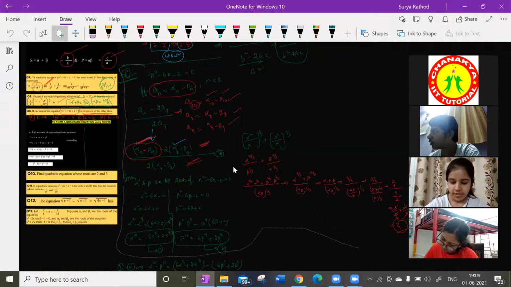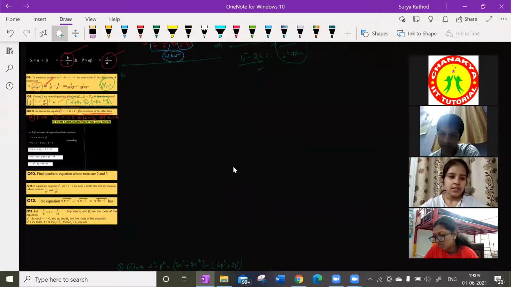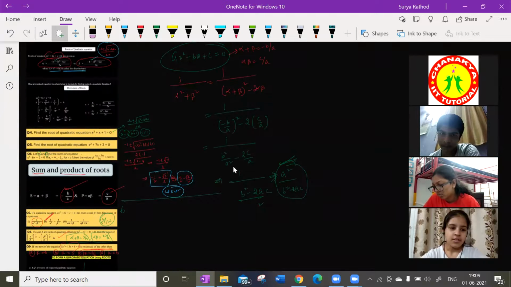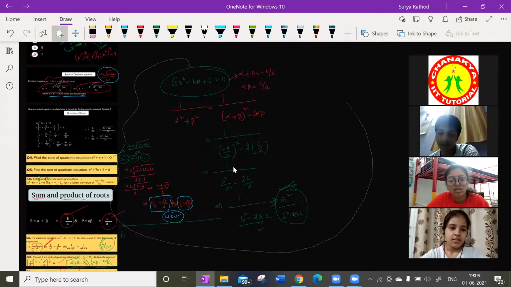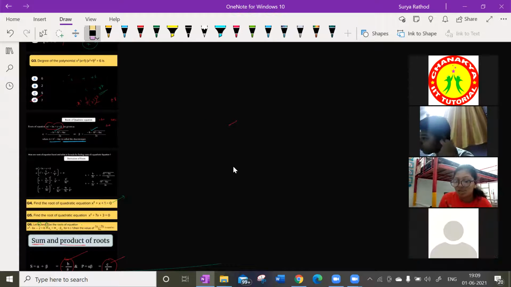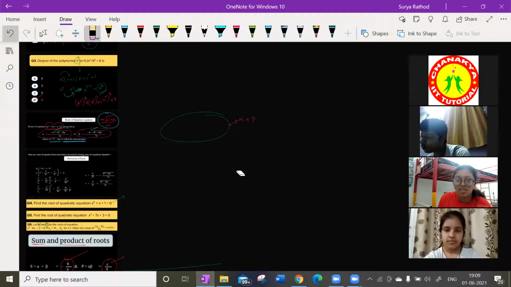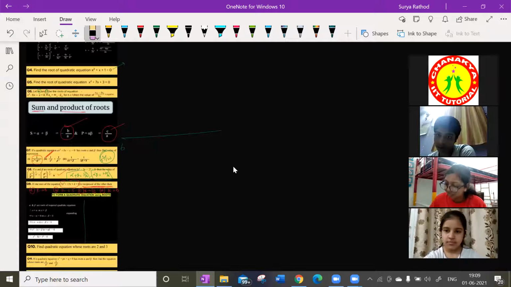Sir, k equals 5. How can you please explain that? Yes, sir, k is equal to 5. How? Because one root is the reciprocal of the other, say we take alpha as one root and the other root will be 1 by alpha.